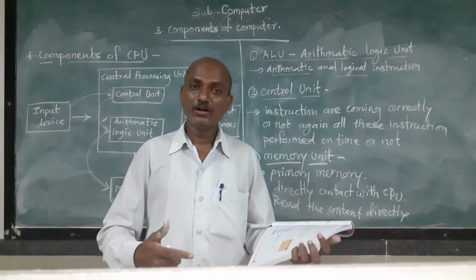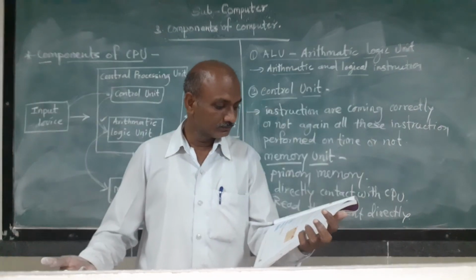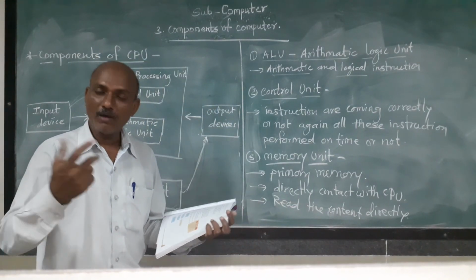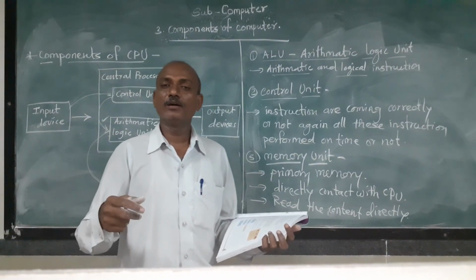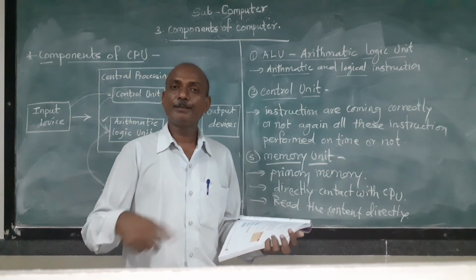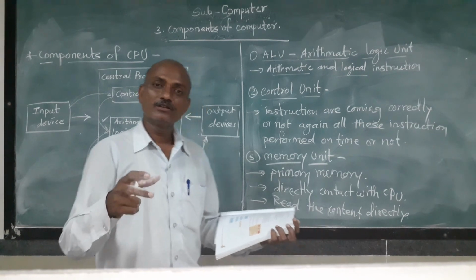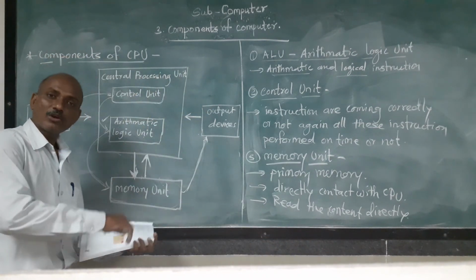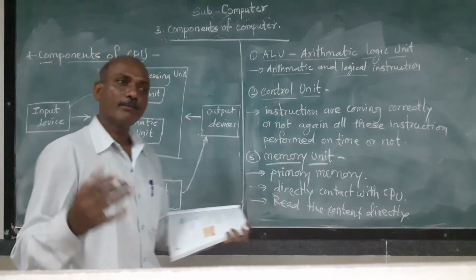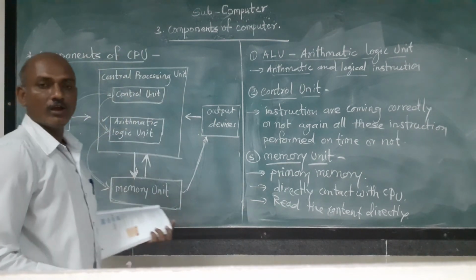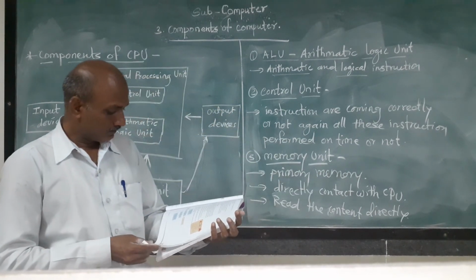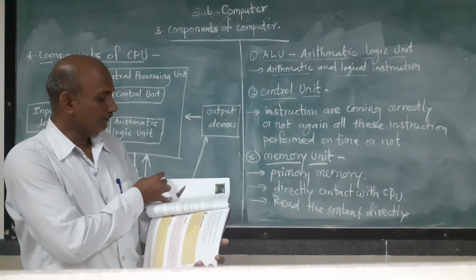These are operating systems or system software. And application software: PowerPoint, MS Paint, Word document, Notepad, all these are application software. So system software and application software are both held by this memory unit. Okay? This is all about the main memory.